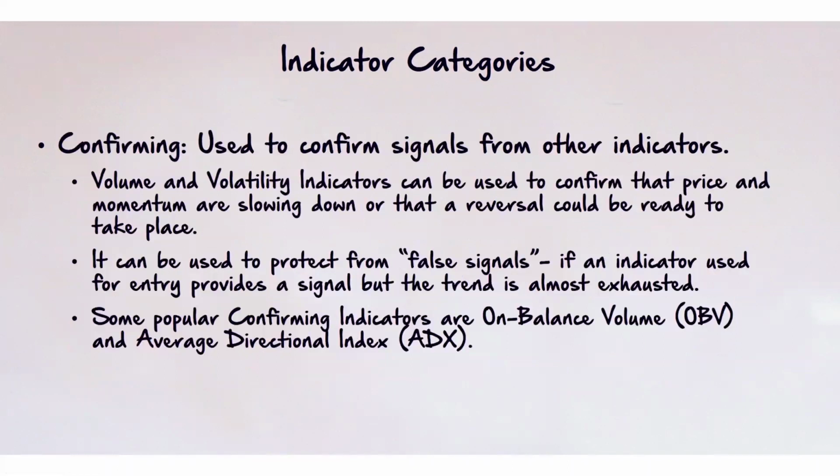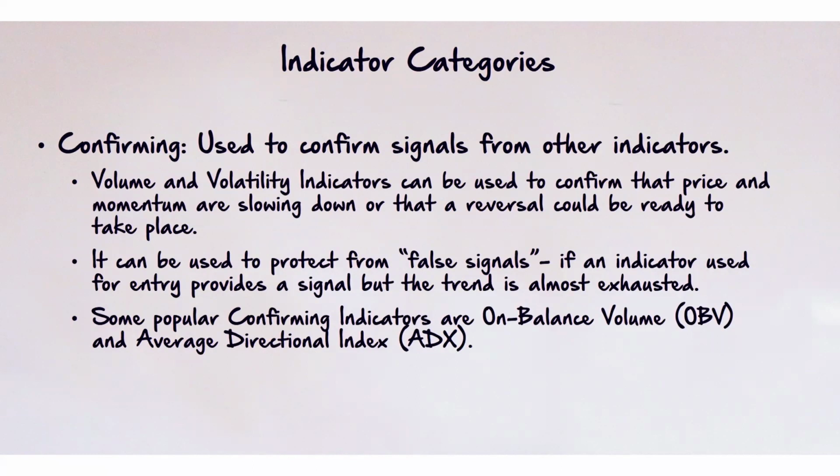So indicators can be used as a tool for confirmation. They are used to confirm signals from other indicators, like volume and volatility indicators can be used to confirm that price and momentum are slowing down. As we progress, we'll see. So there are indicators that show you strength.